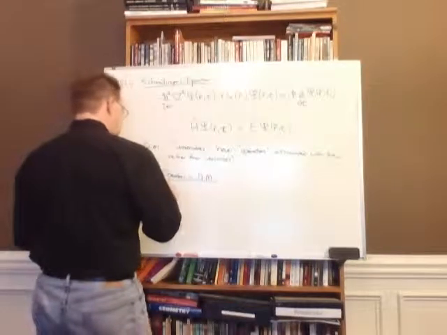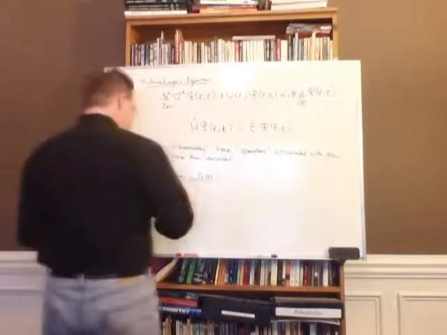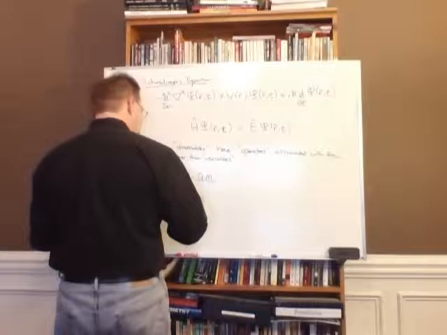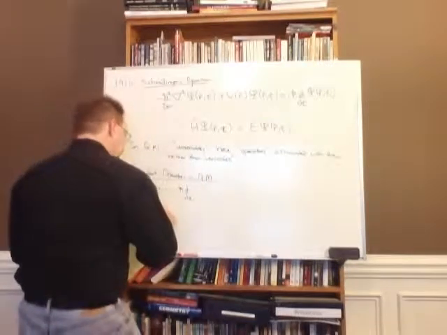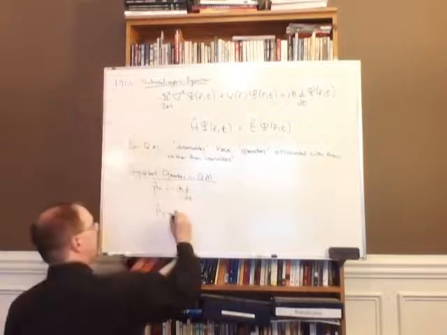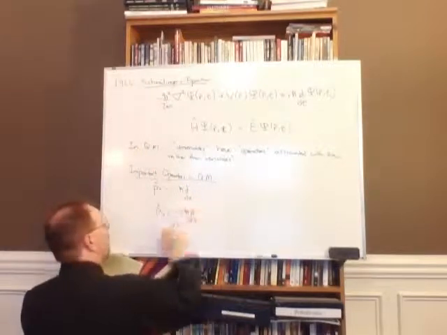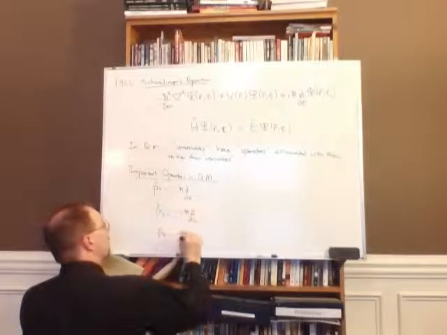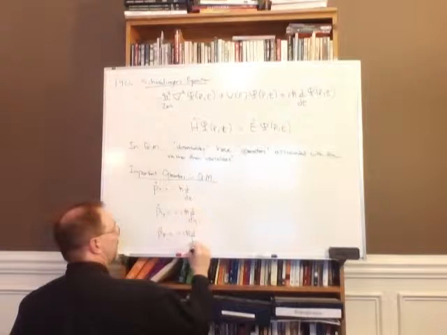The x component of the linear momentum has as its operator negative i h bar partial with respect to x. Similarly, the y component of the linear momentum, its operator is negative i h bar partial with respect to y, and the z component of the linear momentum operator is negative i h bar partial with respect to z.